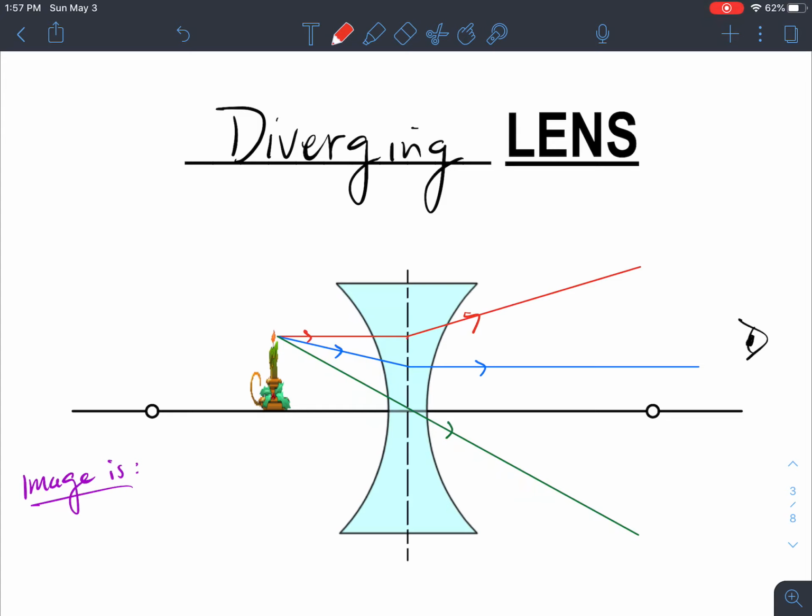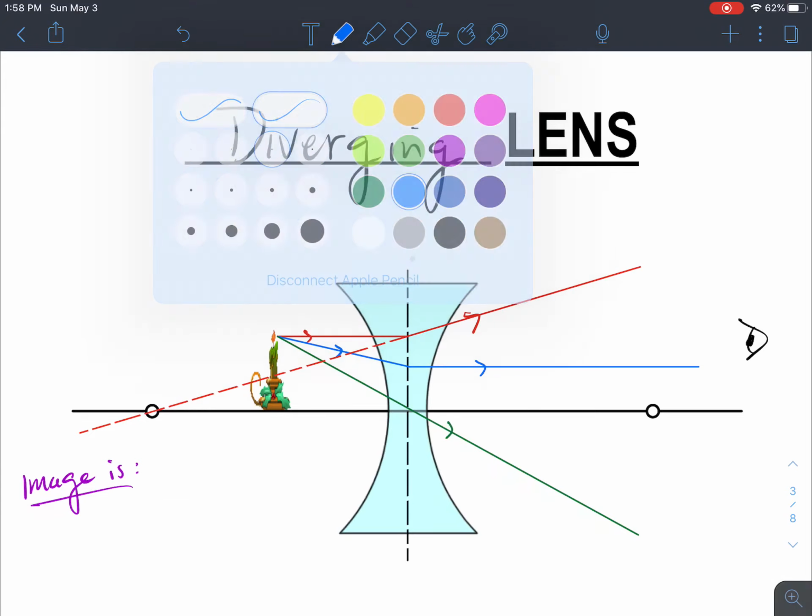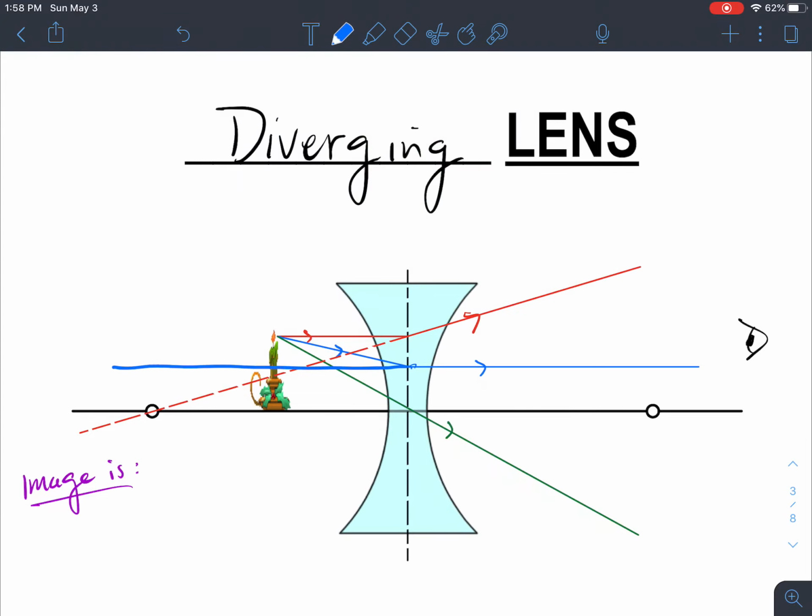So here's where the first one seems to be coming from. I said it lined up with the focus. This is going to be a virtual ray. Make sure this is dashed. Okay. Blue one, that is parallel. There we go.